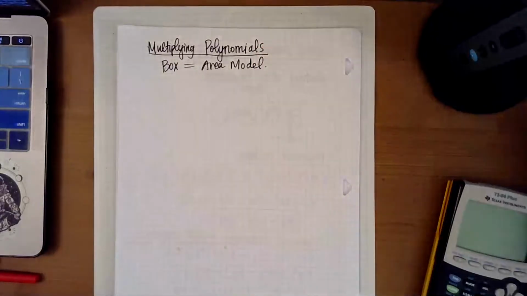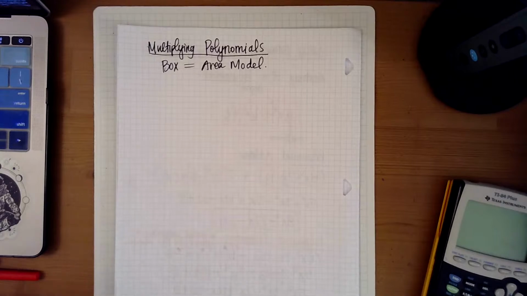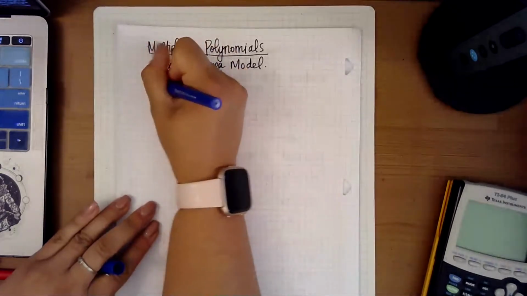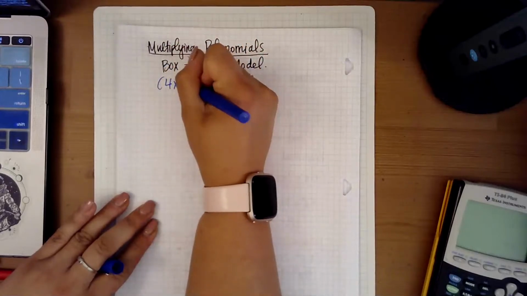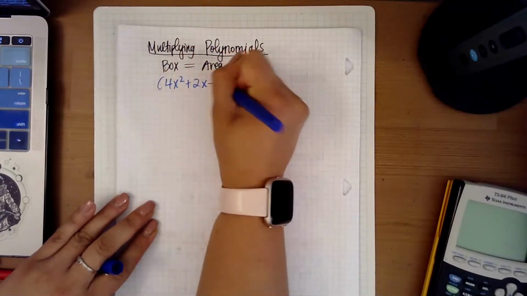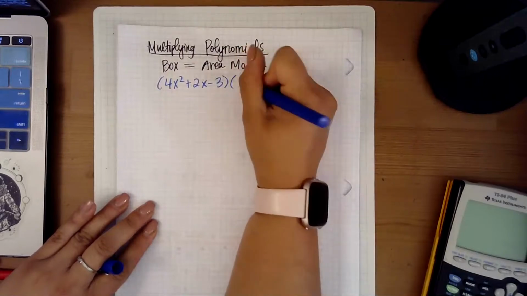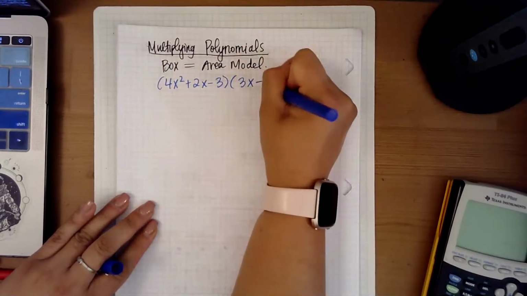Okay, so let's say I have 4x squared plus 2x minus 3 and 3x minus 4.